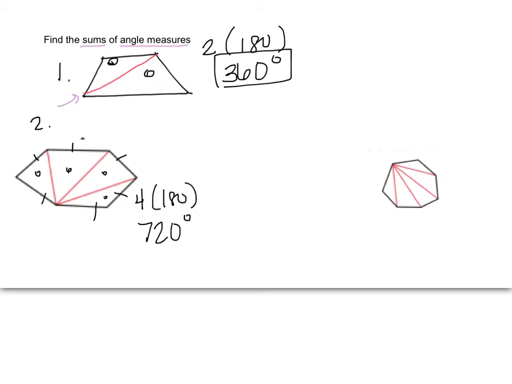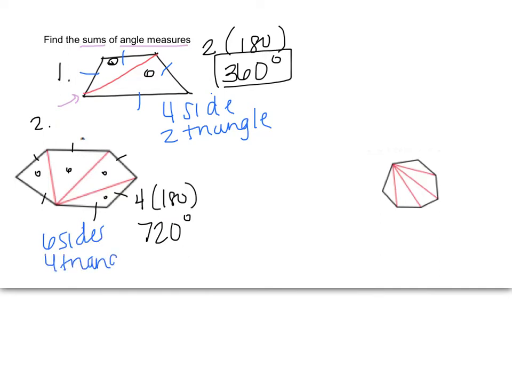Let's see if we can find a pattern. If we go back and look at the first one, we had 4 sides and 2 triangles. In the second example, our hexagon, we had 6 sides and 4 triangles. Do you see a pattern?